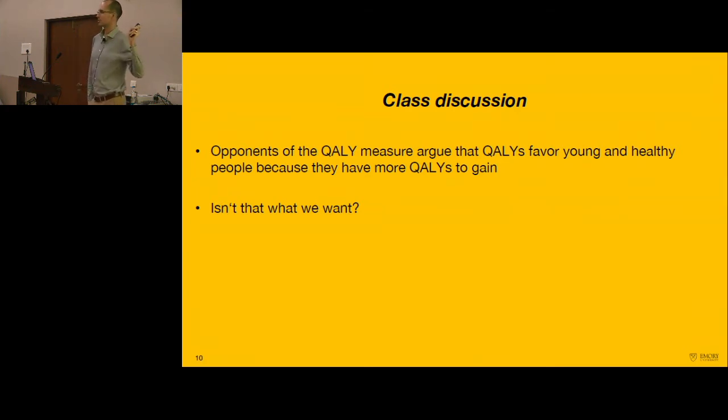This question would actually work with just life years. If we forget about quality, if we save a young person, they have a lot of life ahead of themselves. An older person, not so much. But I think one of the issues with this is if you look at it as just young and healthy, then it makes sense.